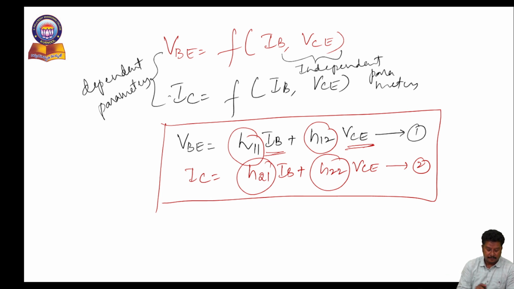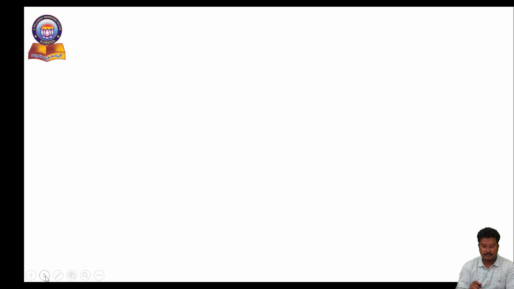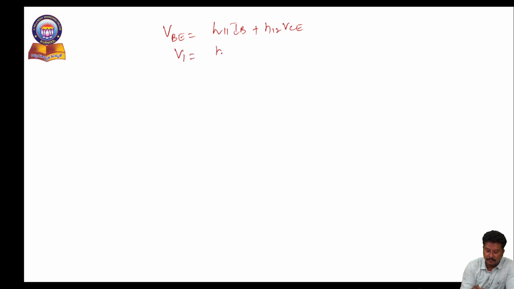Okay, now from this we will try to frame. Once again, I am writing that equation: VBE is equal to H11 IB plus H12 VCE. This is with respect to the common emitter configuration, and with respect to the two-port network also we can consider V1 is equal to H11 I1 plus H12 V2, the second equation.